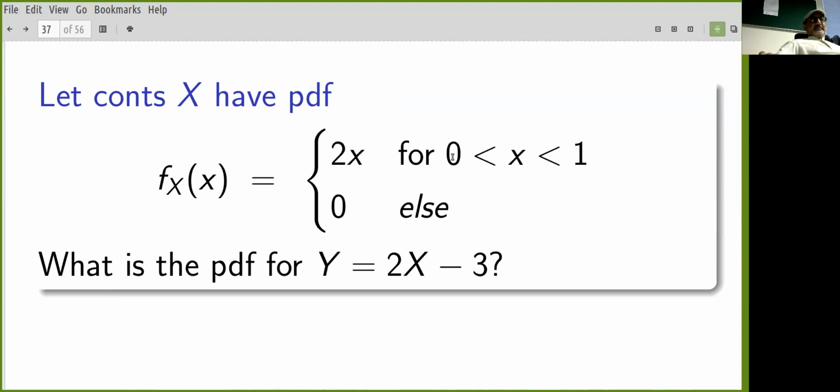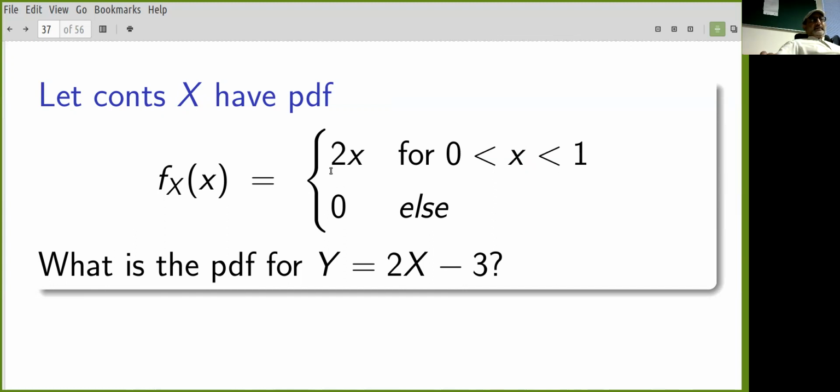If x goes from 0 to 1, then y varies between -3 and -1. So this would be replaced by y going between -3 and -1.